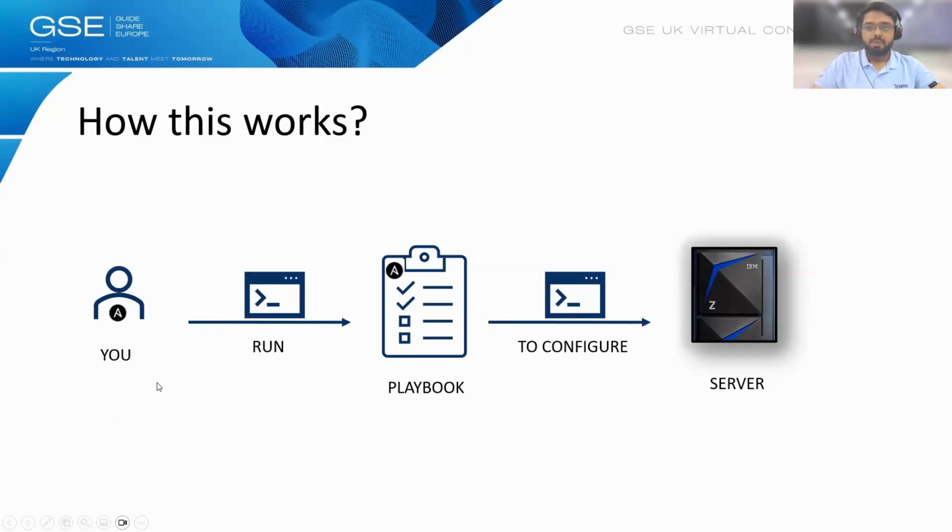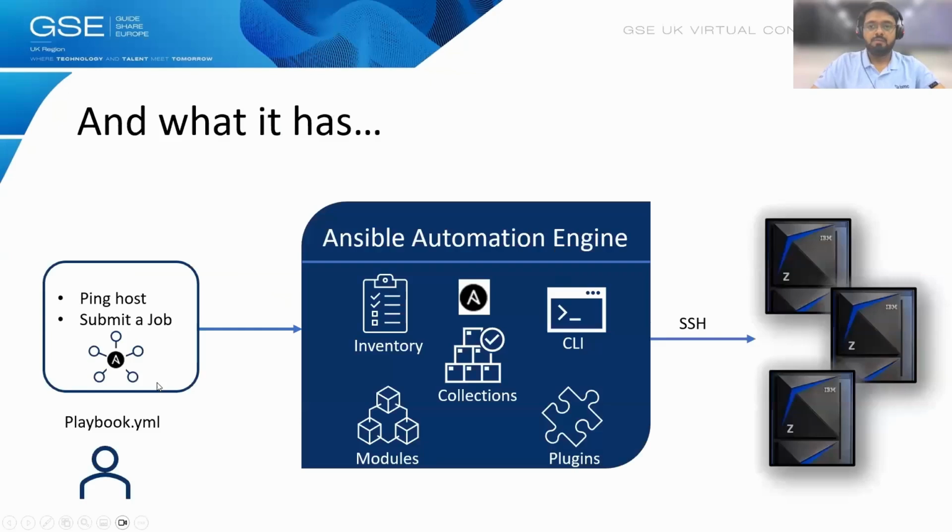Okay, so we'll see what it has. When I say it is a simple playbook you run to configure the Z server, how is it done, and what does it have? Basically, the components of Ansible.